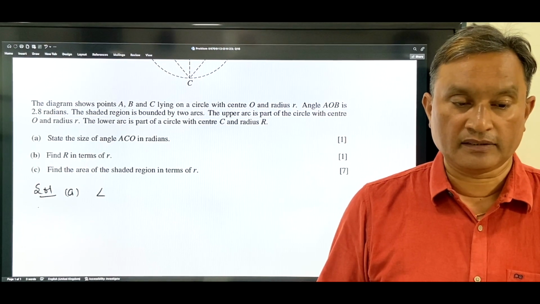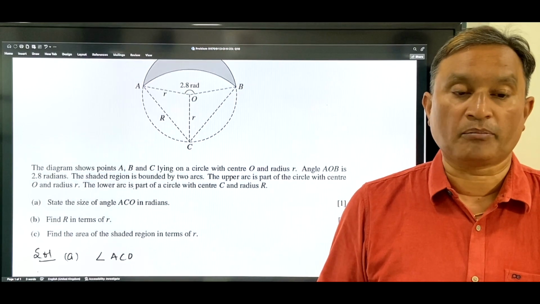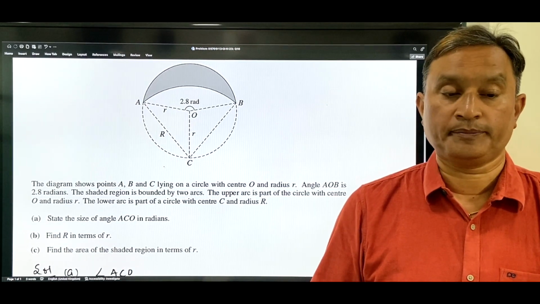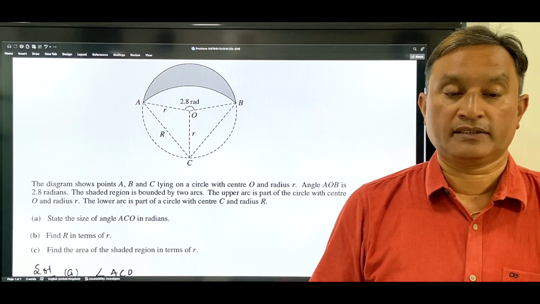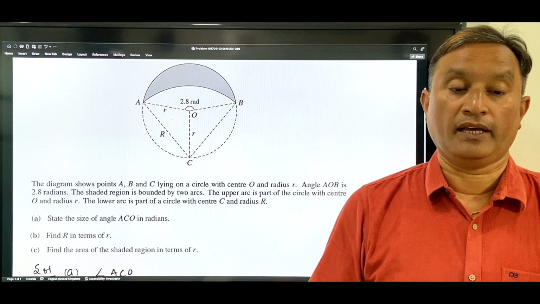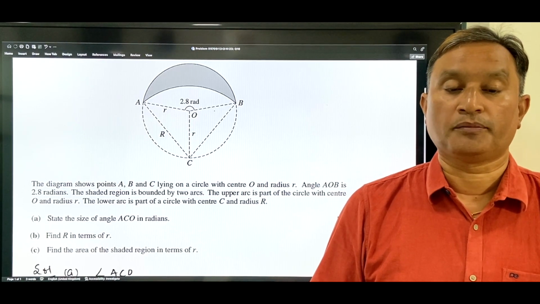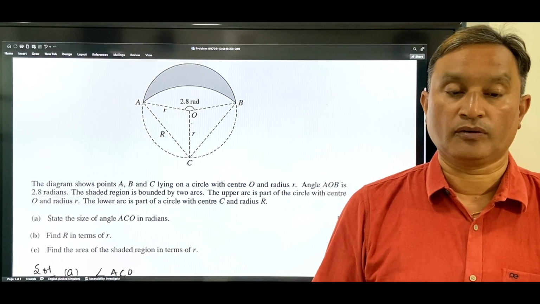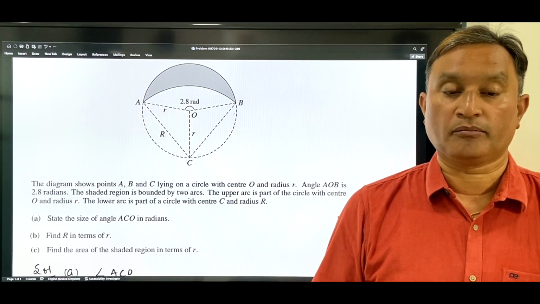For the angle ACO, we will apply the circle theorem. As per the circle theorem, angle ACB is half of the angle AOB, and angle ACO is half of the angle ACB.